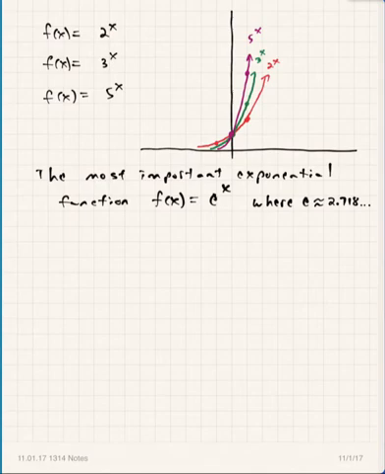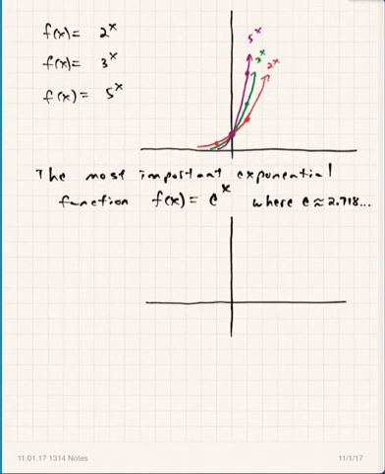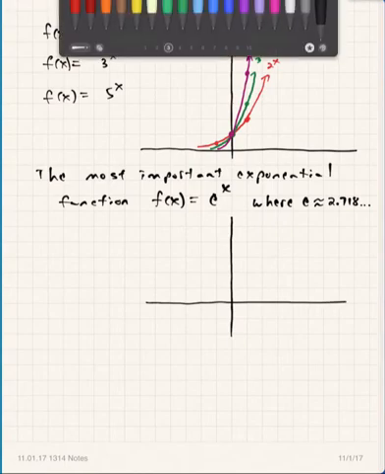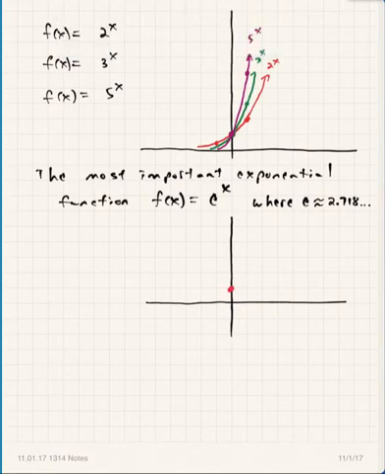So if you think about its graph in relationship to the graphs we just sketched, f of x equals e to the x goes through (0, 1), just like all these other exponential growth curves. And it goes through (1, e), which is about 2.7. So it goes through about that point right there. That would be the point (1, e).